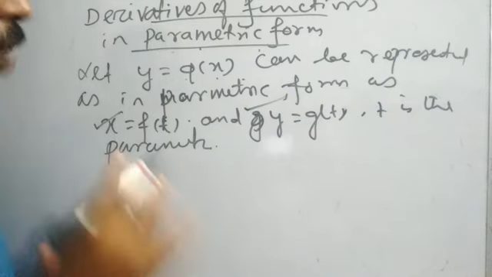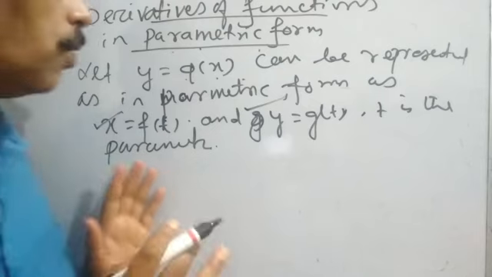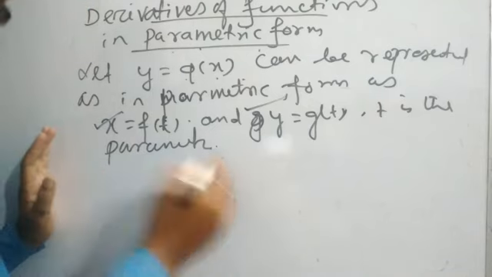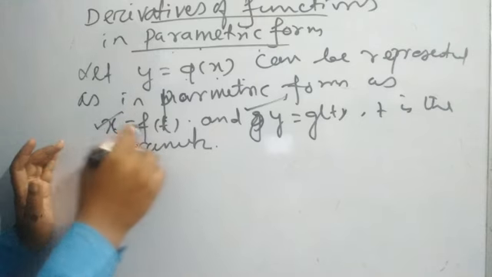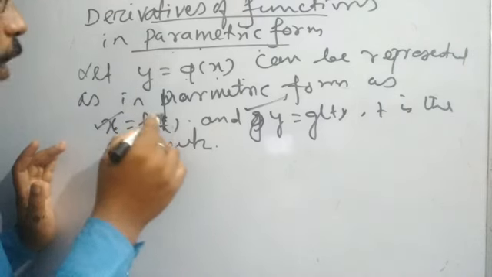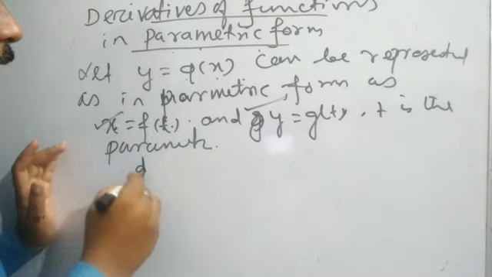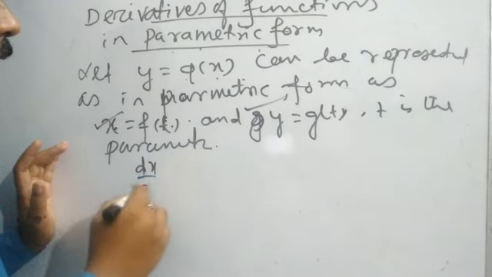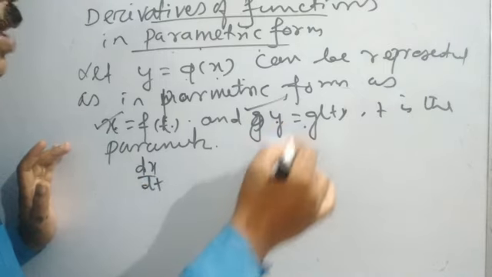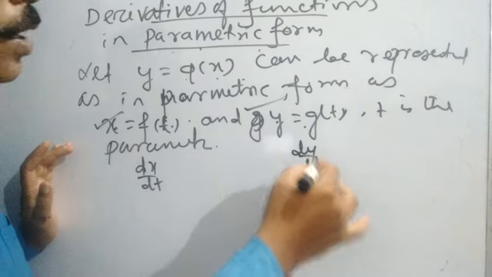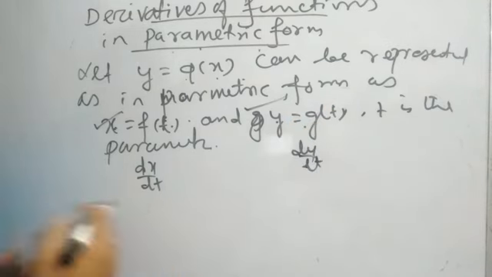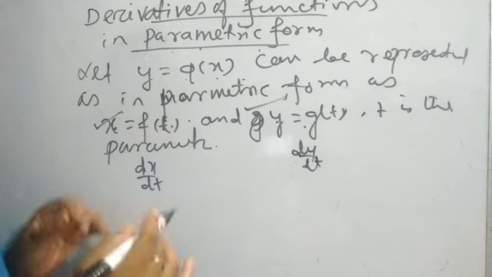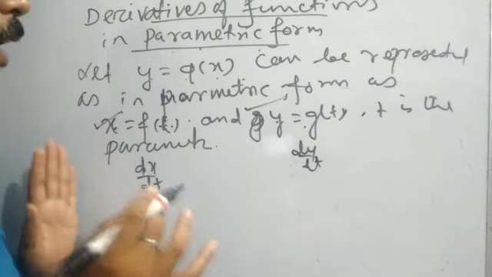Then we have to find, from these two functions, the value of dy by dx. So how can I find it here? The first function is a function of t, so we can easily find dx by dt, and from this we can find dy by dt, as both are functions of t, but we have to find the derivative dy by dx.